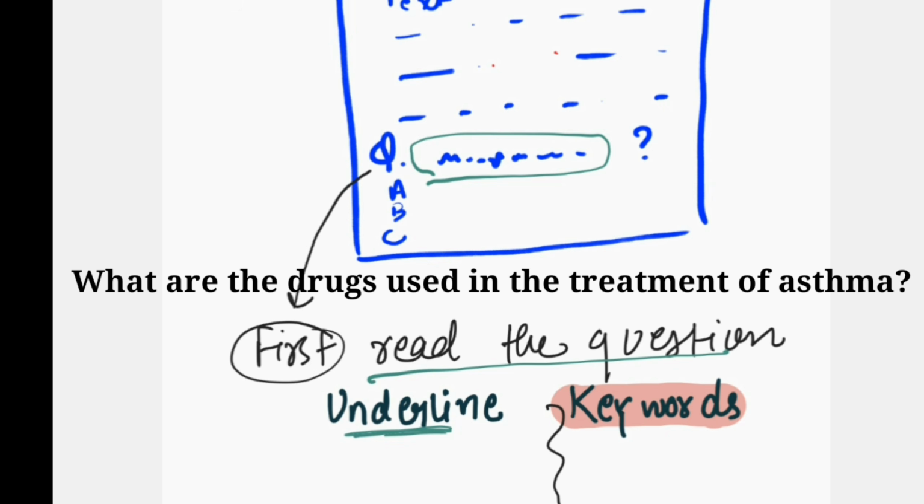This is a very simple question, but what are the keywords? You are trying to search for drugs, so drugs is a keyword here. And for which disease is it? It is for asthma. So drugs and asthma in this case will be keywords. Now you know what you're looking for: the drugs that are used for the treatment of asthma.